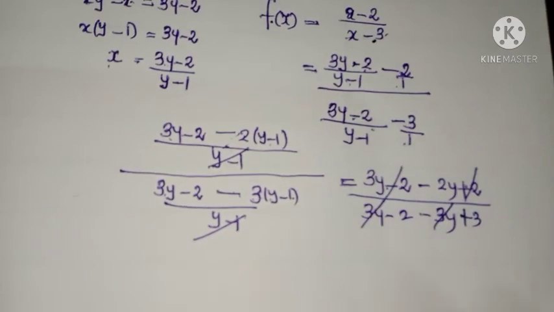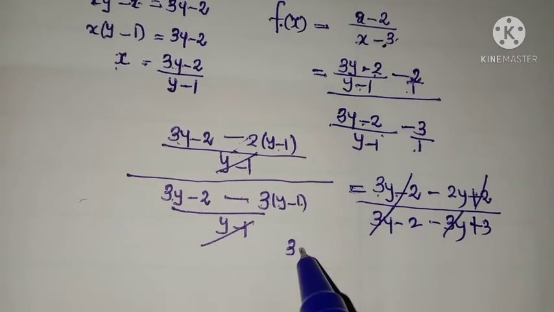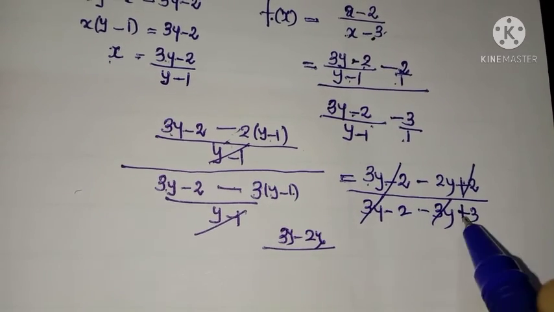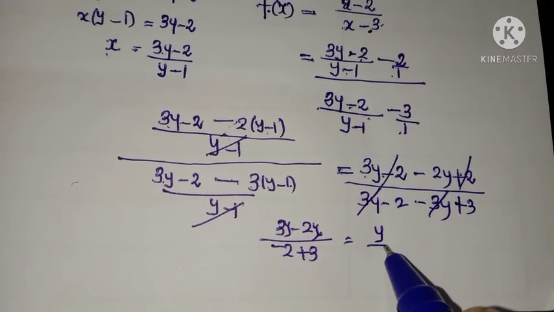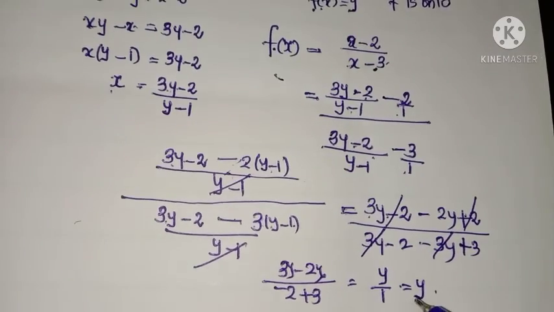3y and minus 3y. So 3y minus 2y, divided by minus 2 plus 3. This gives y by 1, that is y. So f of x equal to y.